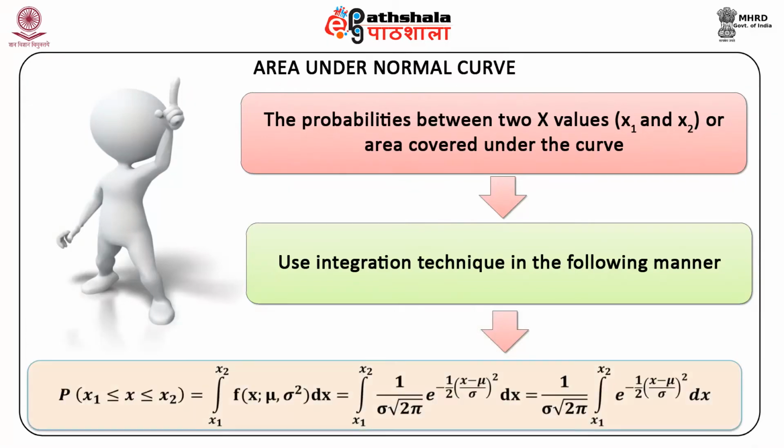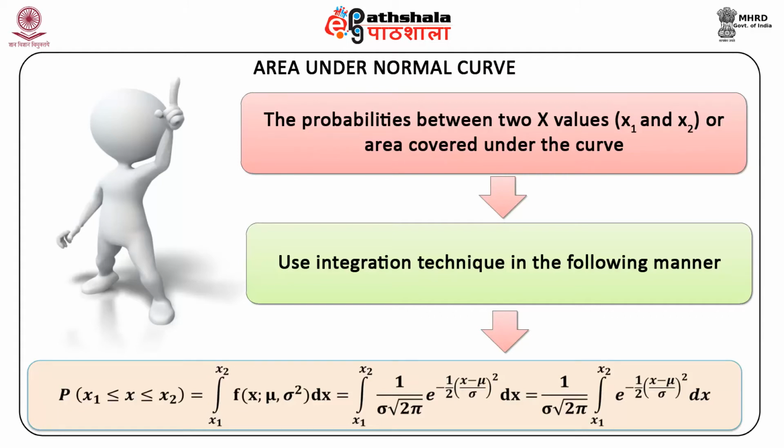Probability that x1 is less than or equal to x, and x is less than or equal to x2, is equal to the integration from x1 to x2 of f(x; mu, sigma squared) dx, that is equal to the integration from x1 to x2 of 1 divided by sigma root 2 pi, e to the power minus half, open bracket x minus mu over sigma, the whole square, dx, which is equal to 1 divided by sigma root 2 pi times the integration from x1 to x2 of e to the power minus half, x minus mu divided by sigma the whole square, dx.